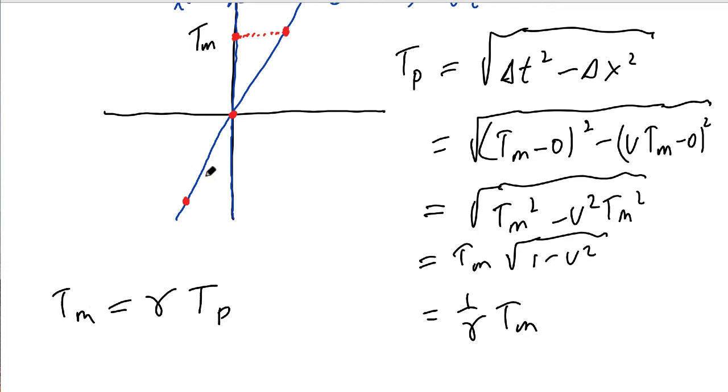The time seen by the observer who's at rest in this space-time diagram is larger than that. It's, say, 2 seconds. So this observer is looking at this clock as it's moving past and saying 2 seconds have passed between these ticks, but yet the clock only registers 1 second as having passed. So the moving clock is running slow.